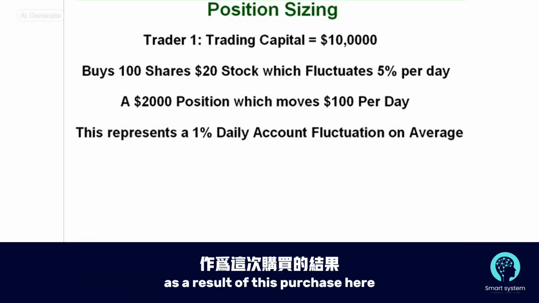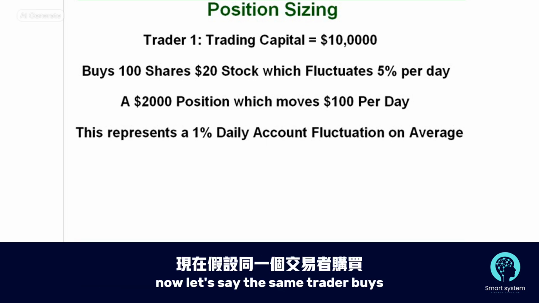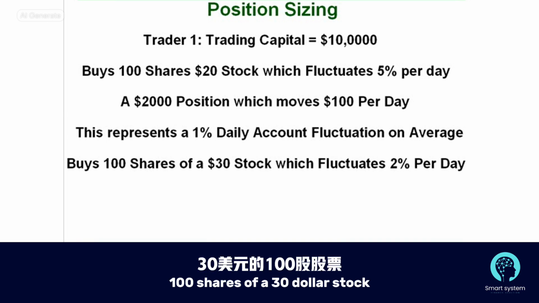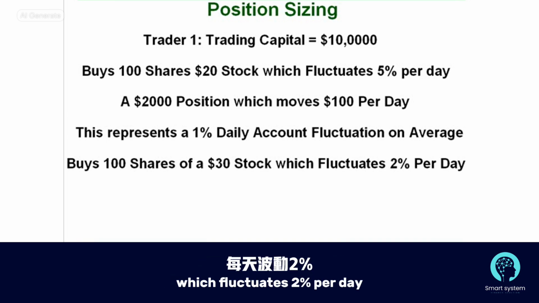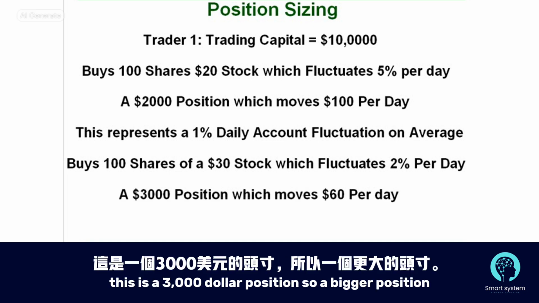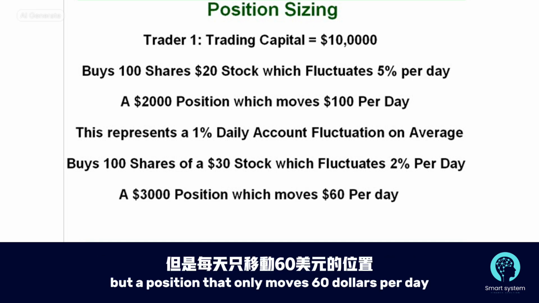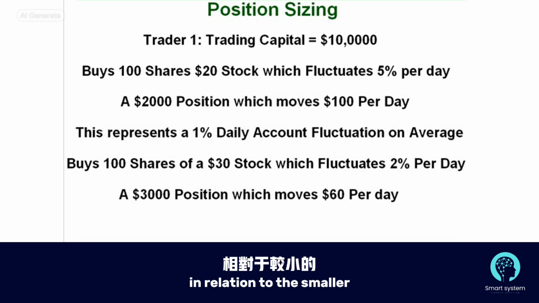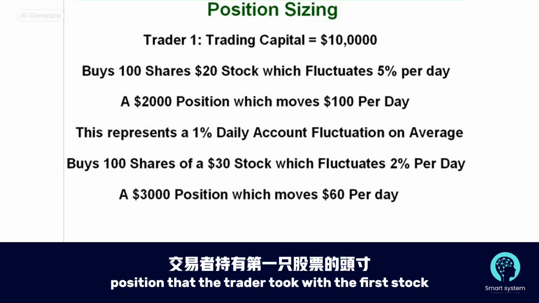As a result of this purchase, now let's say the same trader buys 100 shares of a $30 stock, which fluctuates 2% per day. This is a $3,000 position, so a bigger position, but a position that only moves $60 per day, in relation to the smaller position that the trader took with the first stock.